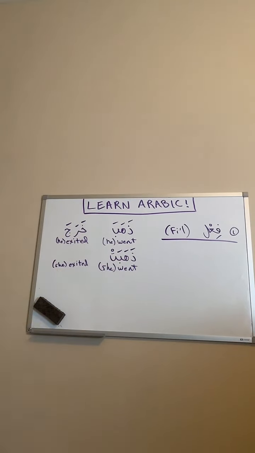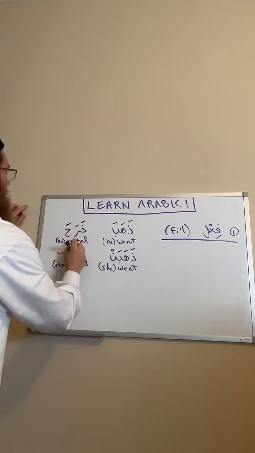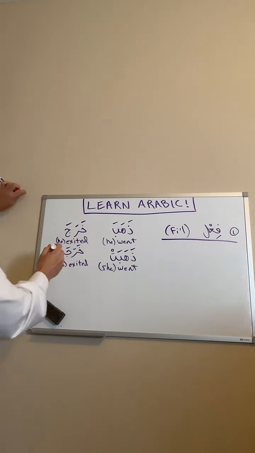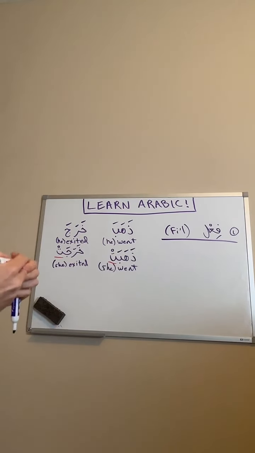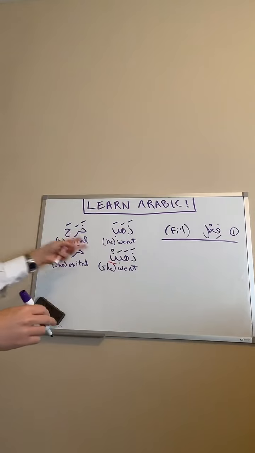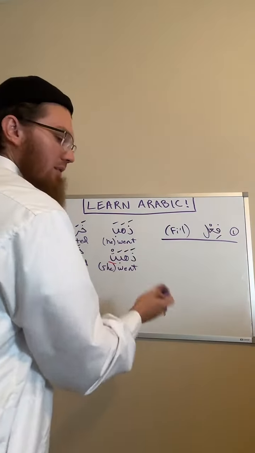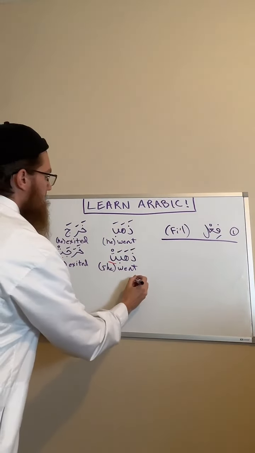How would we make this feminine? Very good. خرجت. We would add that ta with a sukoon at the end. Okay? So as we can see here, we add this to the end, and this is how we made this fi'l feminine.